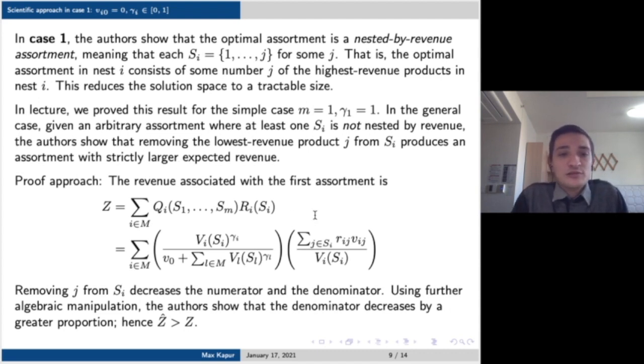The sketch of this proof is that we write down the revenue associated with the original assortment, and then when we remove one product from one of those sub-assortments, it's going to decrease the value of both the numerator and the denominator of this expression. And further algebraic manipulation allows the authors to show that the denominator decreases faster. In other words, the entire expression is going to end up having greater expected revenue.